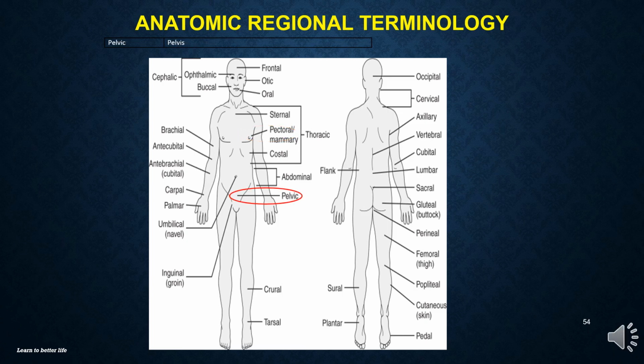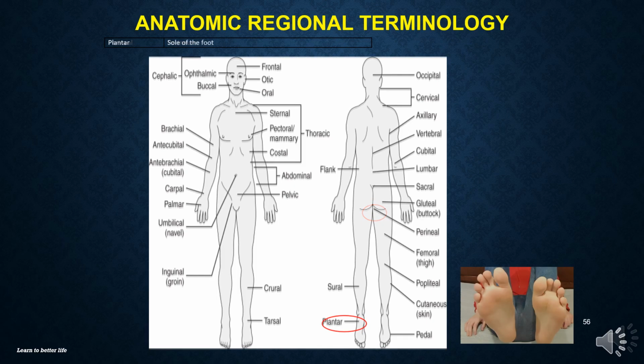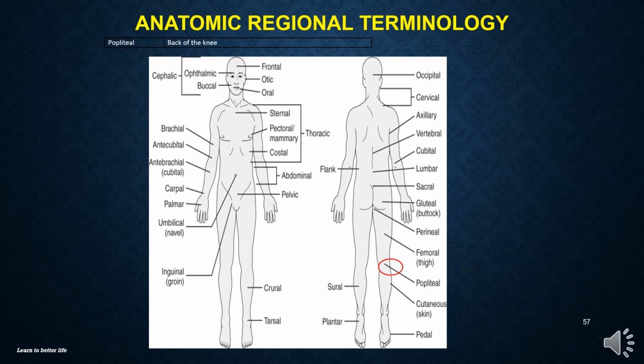Pelvic is the pelvis. Perineal means perineum. Plantar is the sole of the foot. The popliteal is the back of the knee. Sacral means sacrum.